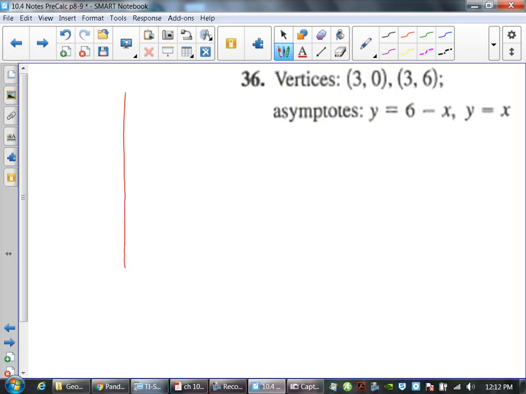So vertices at 3, 0 and 3, 6. If our vertices are above one another, what direction does this have to be opening? Up and down. So if it's an up and down hyperbola, which comes first, the chicken or the egg, the x or the y?